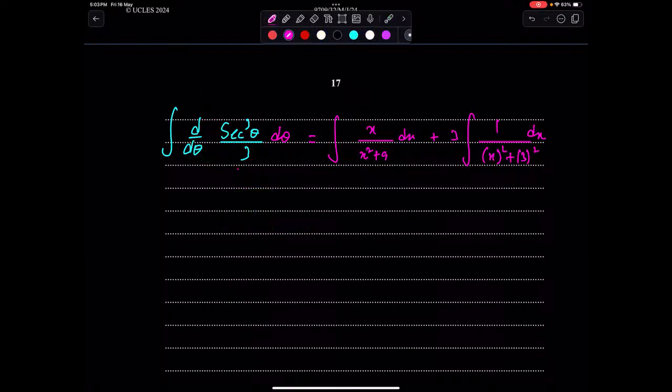So just copy this thing: sec cube theta over 3. The other way, if you see d upon d theta differentiation and integration simultaneously, just copy this thing here.